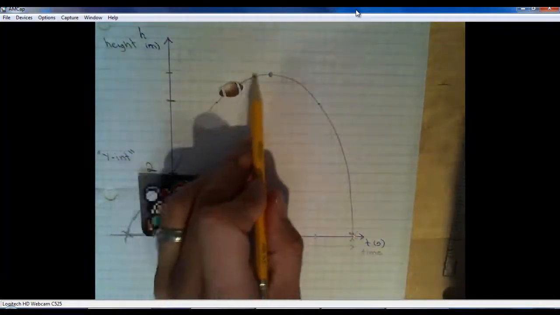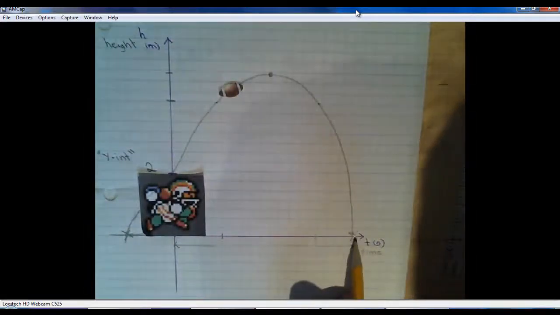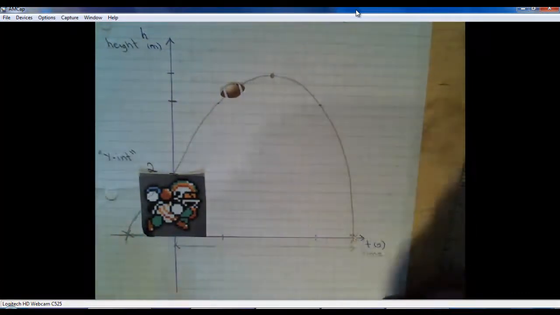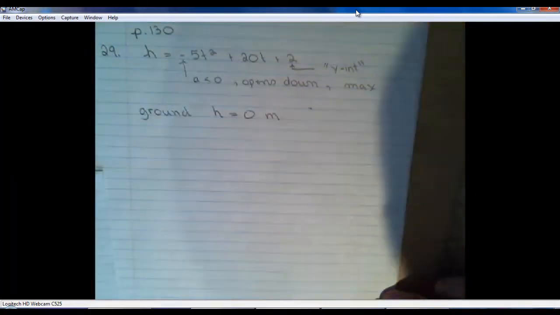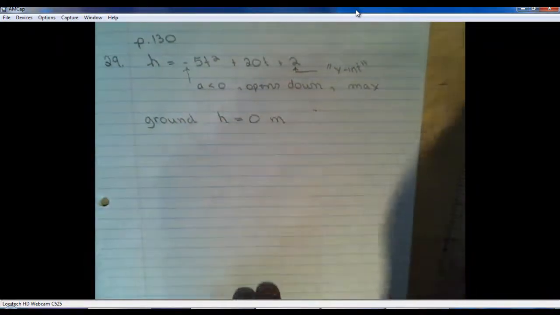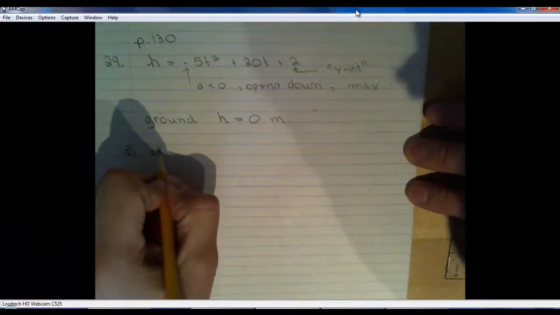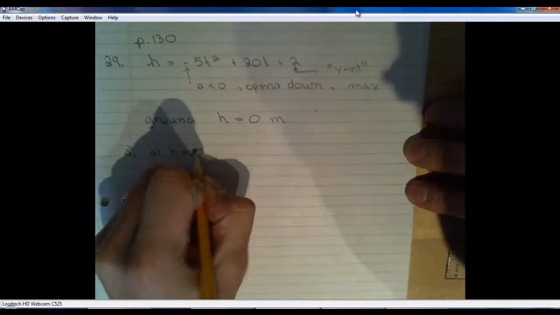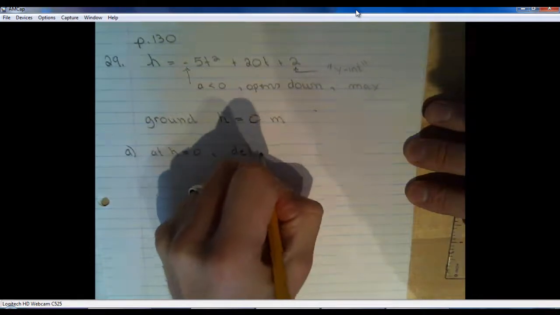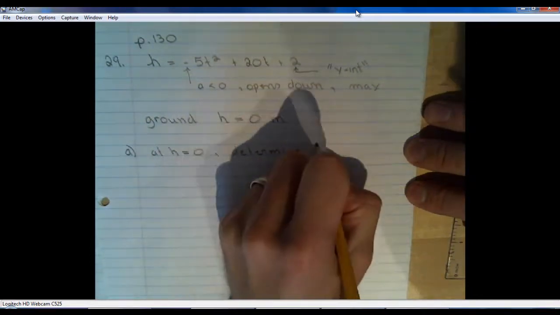It starts at 2 meters, gets thrown, goes up some height, comes down, hits the ground. Well, at the ground, the height is 0. So that's what's key. At the ground, h is equal to 0 meters. So all you need to do for part A is say at h equals 0, determine t.